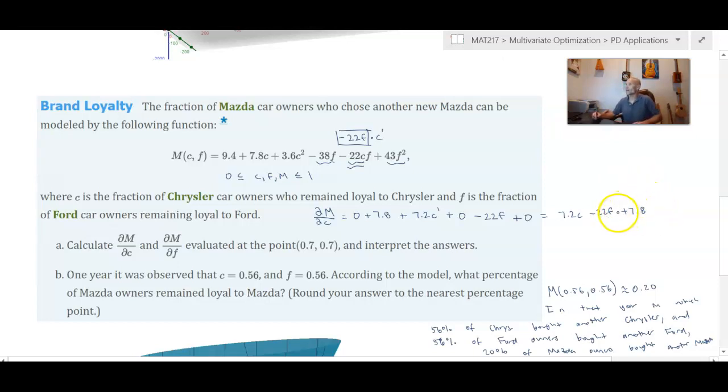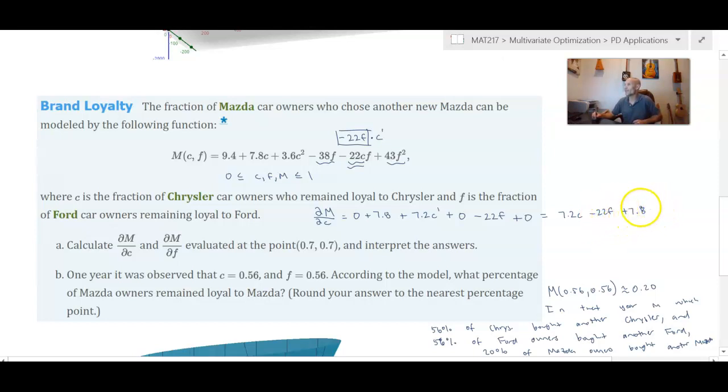Now, obviously the value will depend on the current fraction of Chrysler loyalists and on the percentage of Ford loyalists.